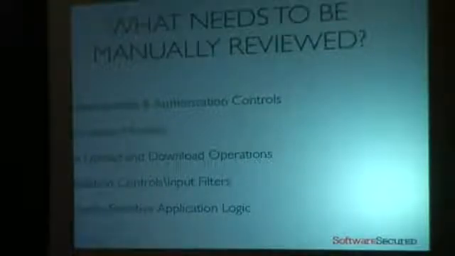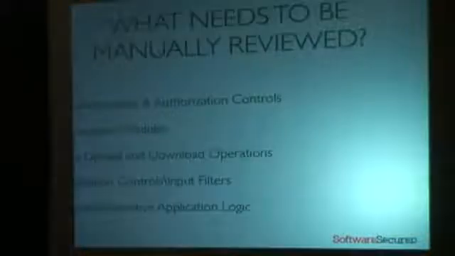We've seen a lot of examples where input validation is done mostly based on blacklisting, and there are always holes in it, so you have to look at it. Security sensitive application logic, whether it can be influenced to do something different, to do something malicious for the attacker.